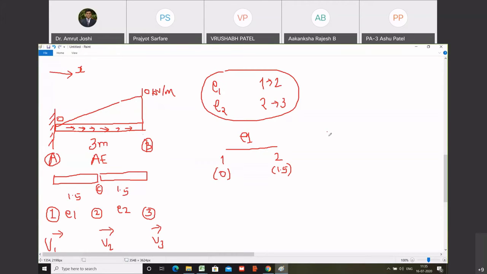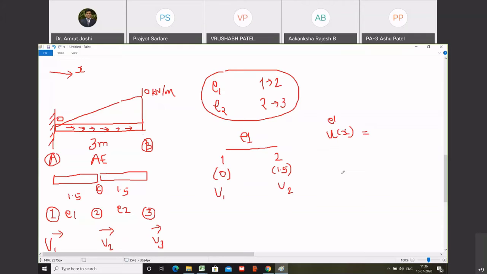Now pay attention to what I am saying. I am going to express u of x in element number 1 as the interpolation between u1 and u2. What is the displacement here? u1. What is the displacement here? u2.